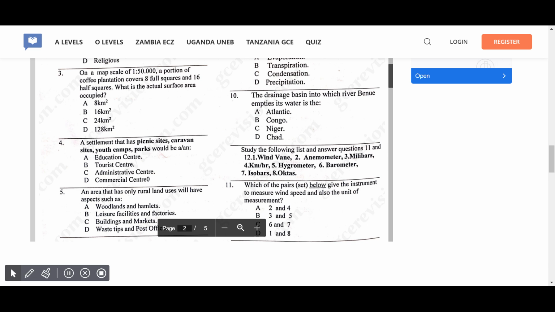A settlement that has picnic sites, caravan sites, youth camps, parks will be a touristic center, which is B. The answer is B.